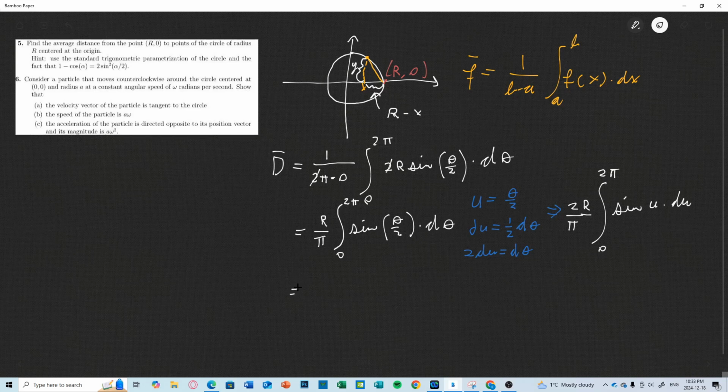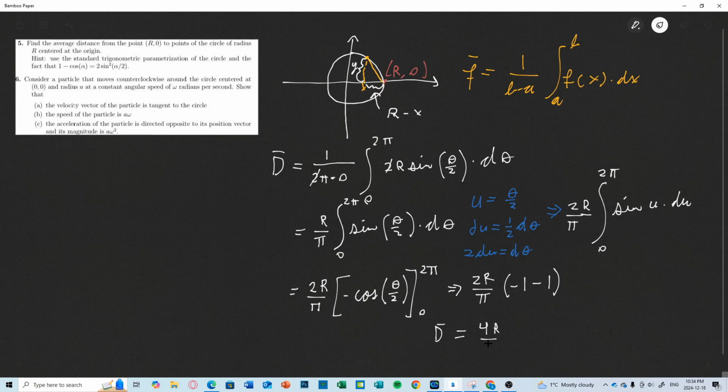Then we will get 2r divided by pi, and the integral of sine u is just negative cos, so we get negative cos, but because I didn't change the bounds, we have to change it back to theta divided by 2 before we put in the 0 and 2 pi. Now this will just give us 2r over pi multiplied by negative 1 minus 1, which will give us our final answer of the average being 4r over pi.